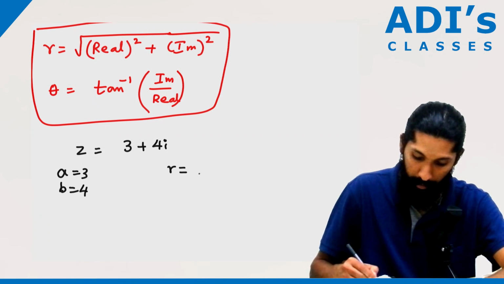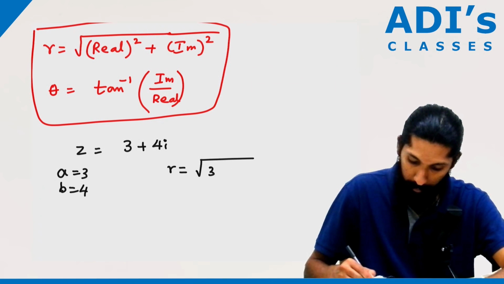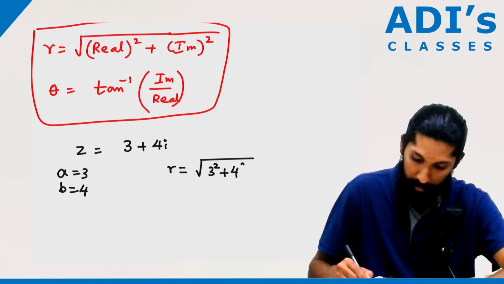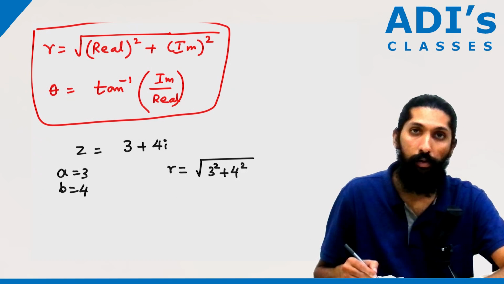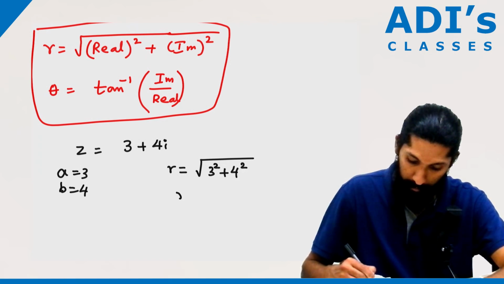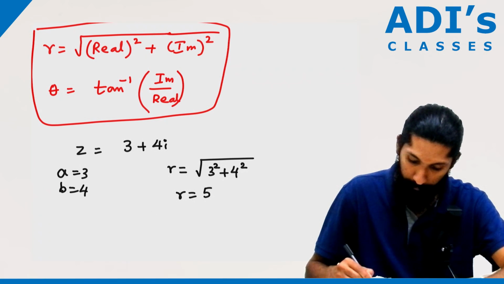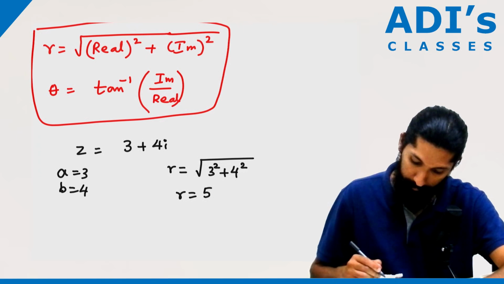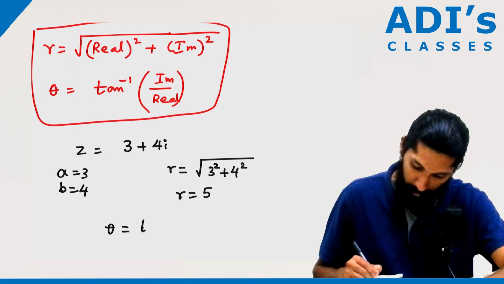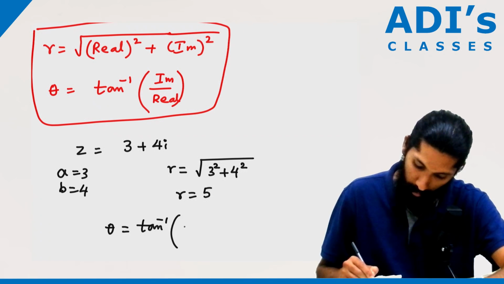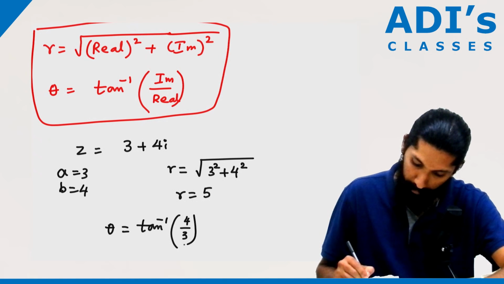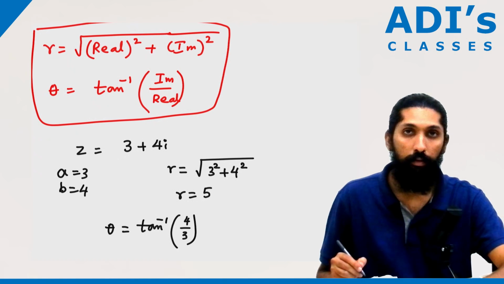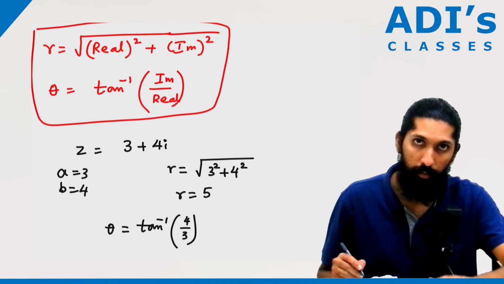So the r value becomes root of 3 square plus 4 square, correct? This becomes r equal to 5. The modulus is 5, and theta is equal to tan inverse of 4 divided by 3.